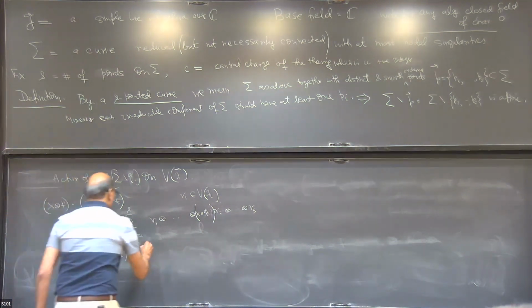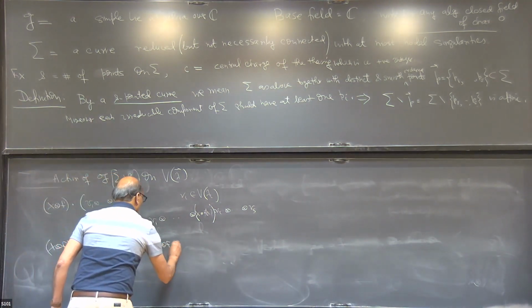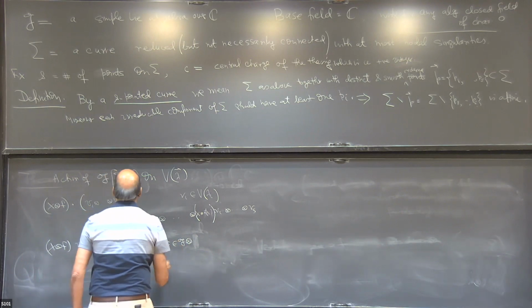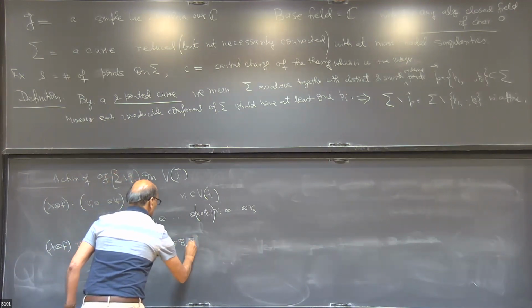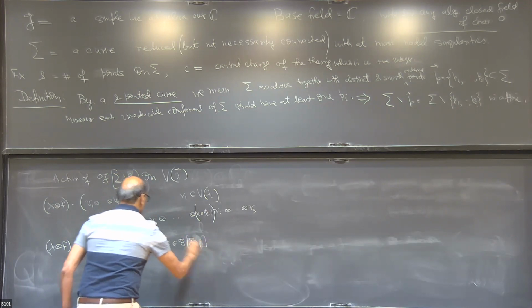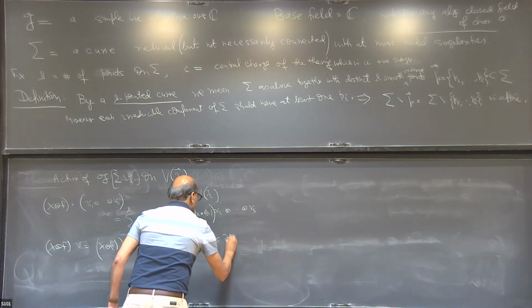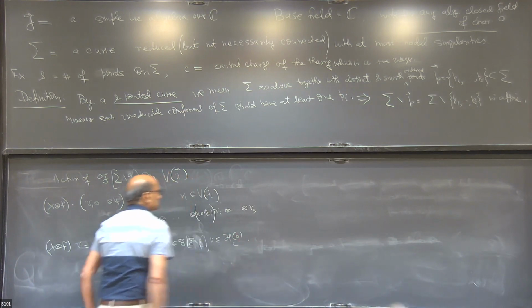So this is now X tensor F in G, actually, sigma minus Q, and V is now in H G loop.